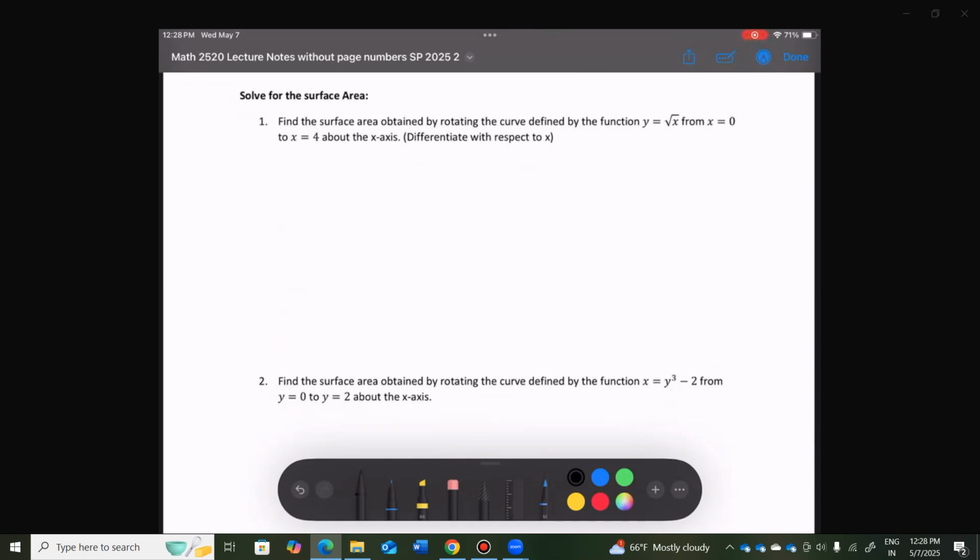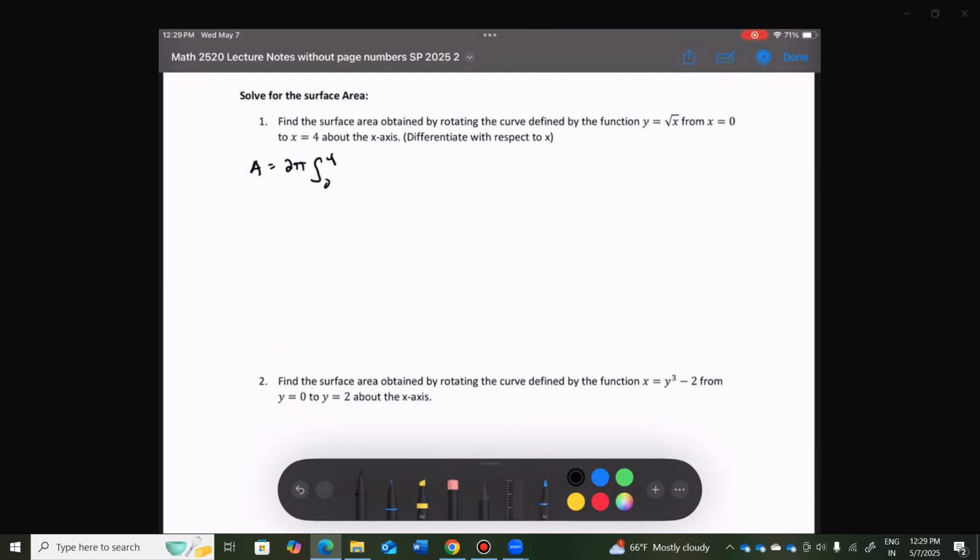Alright, so here we're going to find the surface area obtained by rotating the curve defined by the function y equals square root of x from 0 to 4 about the x-axis. We're going to differentiate with respect to x. Alright, so the area will be 2 pi, it'll go from 0 to 4.